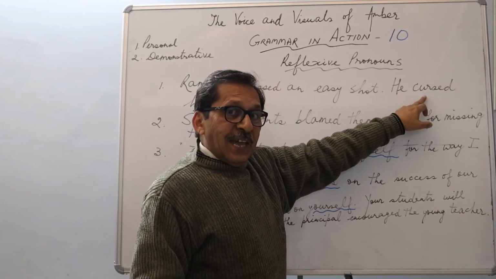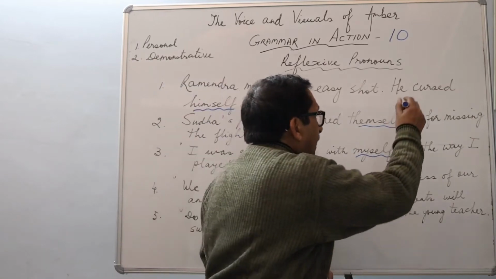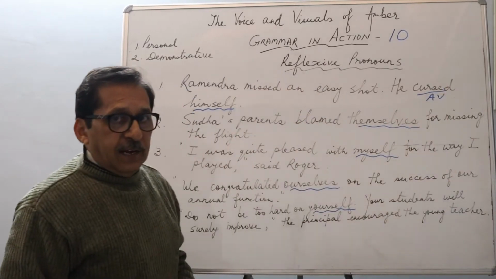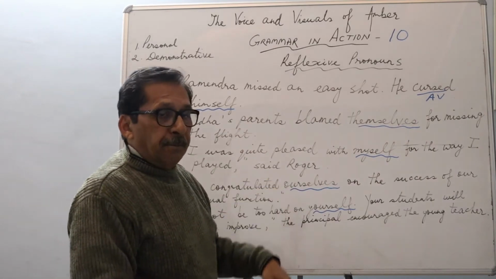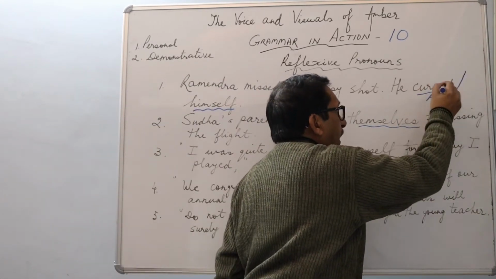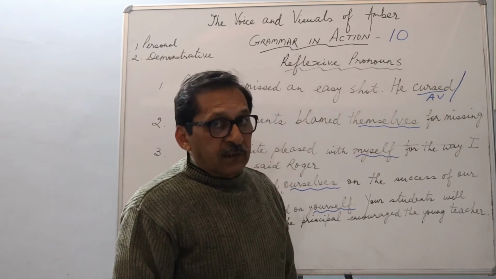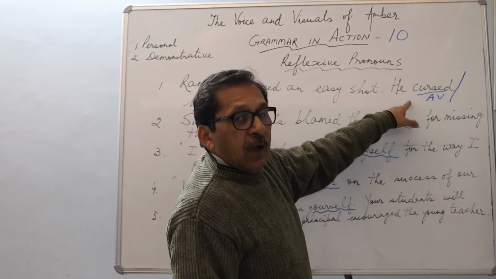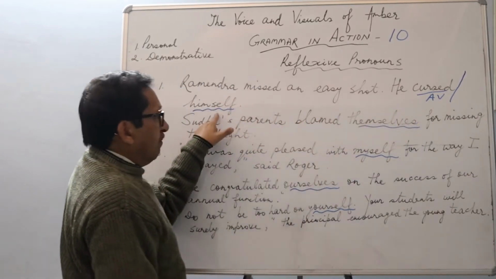The action verb is cursed. After the action verb, we ask the question, whom or what? He cursed whom? Whom did he curse? Himself.